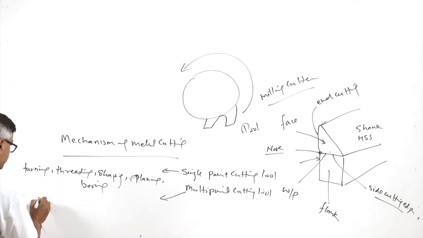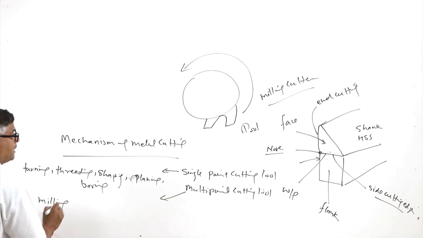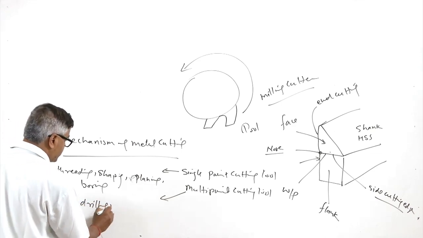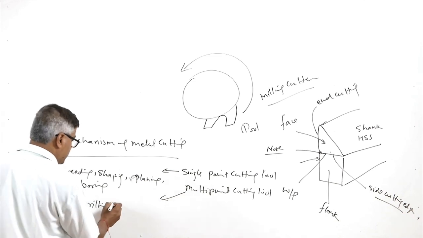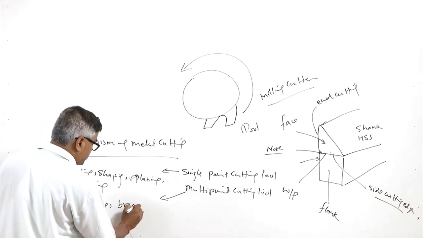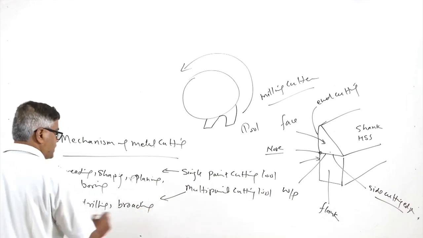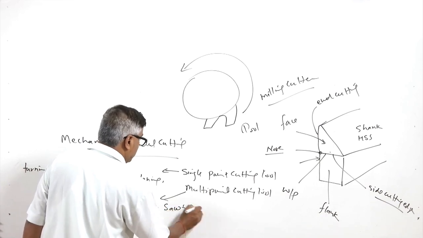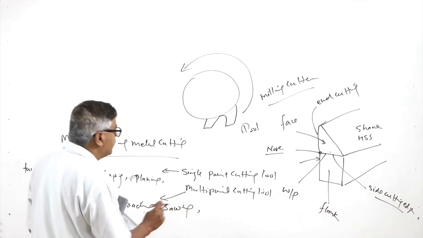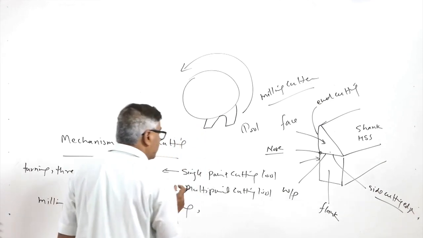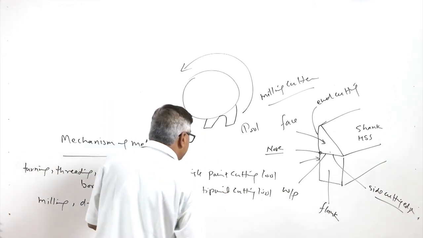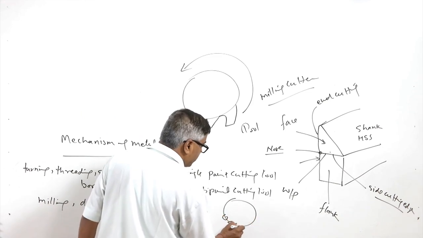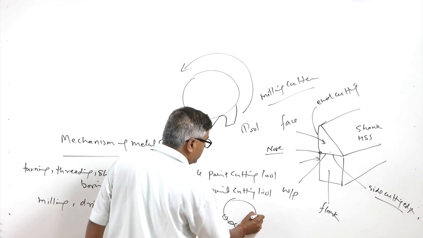On the other hand, processes which use a multi-point cutting tool include milling, drilling, which basically uses two cutting edges, and broaching, which uses a number of cutting edges, like sawing etc. And then there are abrasive processes like grinding with a grinding wheel, where abrasives are projecting from the surface.